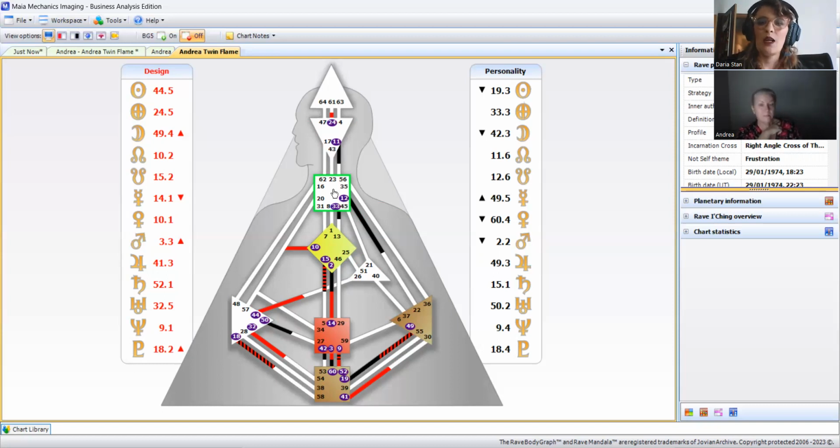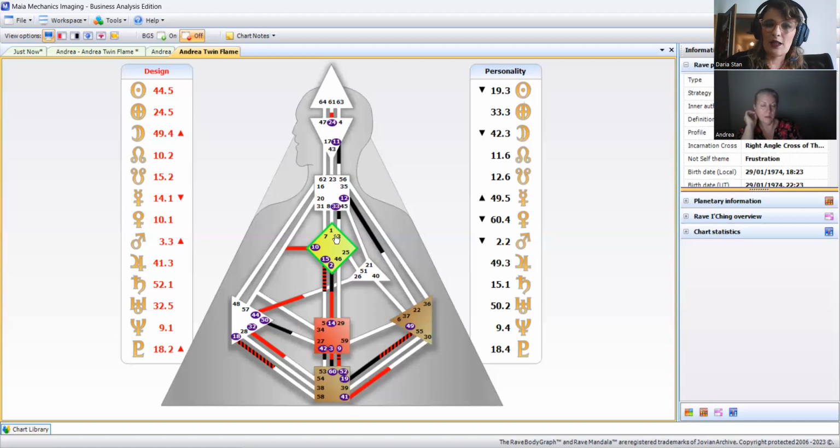Open throats are also very good at using their voice, but they might not have a good timing for it. So they might speak when they're not supposed to speak. They are very good with words, they're very exact with words, they know what they're saying, but they might not have the right timing.